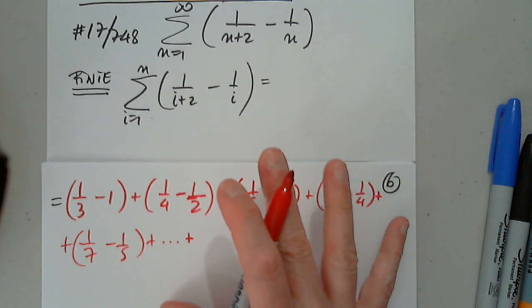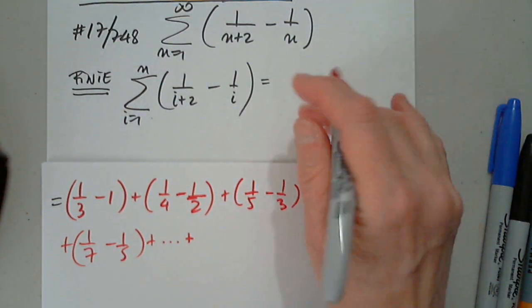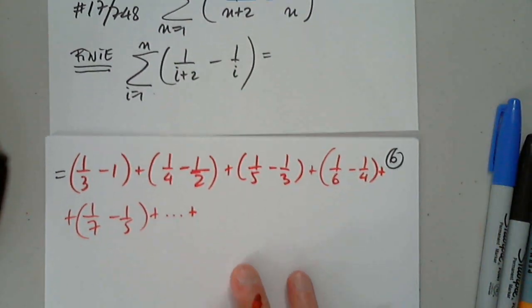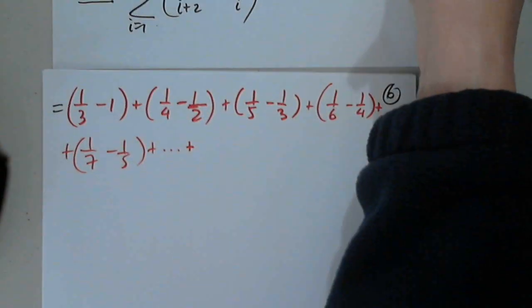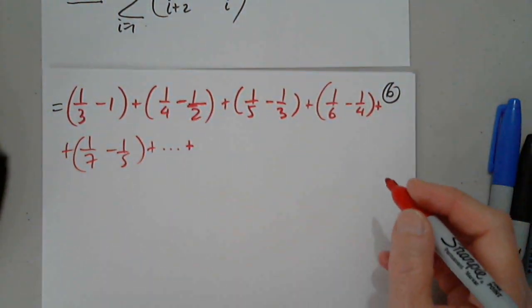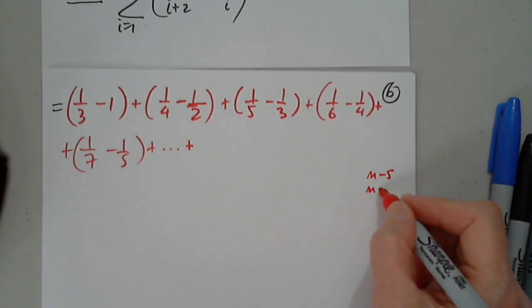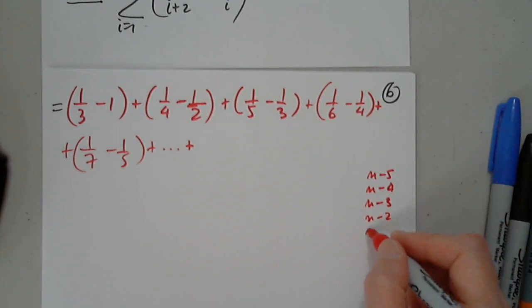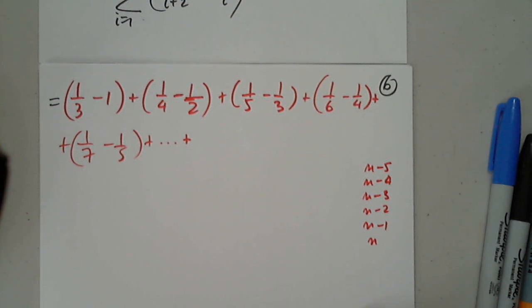Careful now. I would like us to look at the terms with n minus 5, n minus 4, n minus 3, n minus 2, n minus 1, and then n. Let's see what we get.